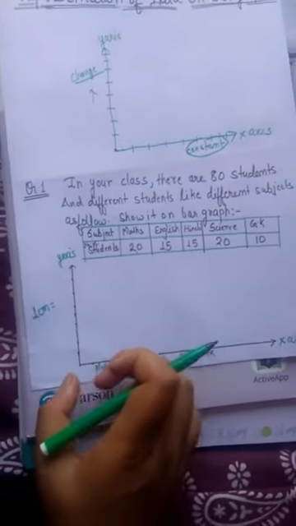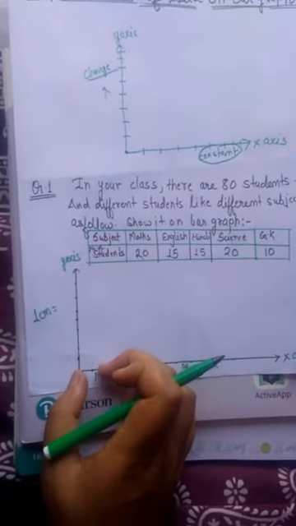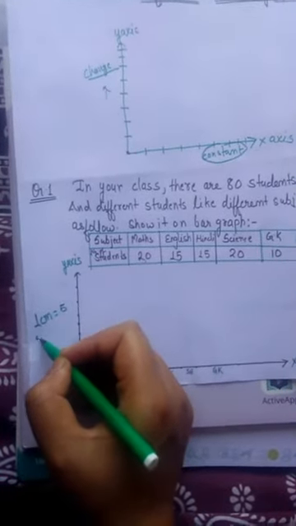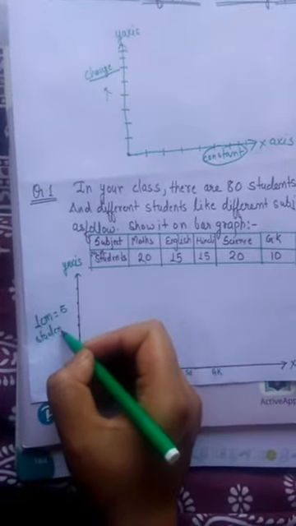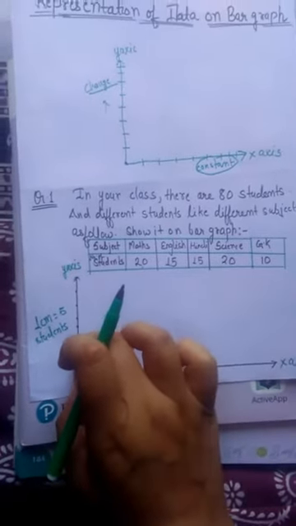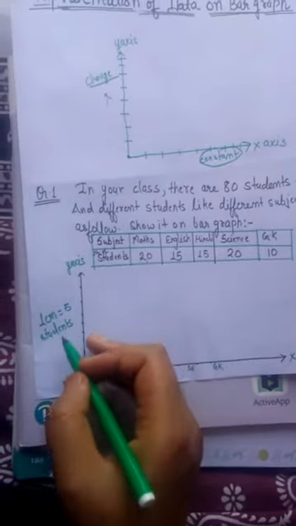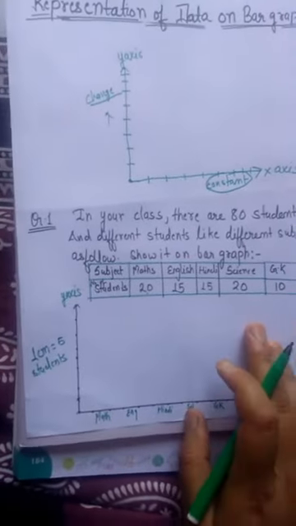Then we suppose 1 centimeter as 5 students. We suppose here that this 1 centimeter is equal to 5 students. Understand student?